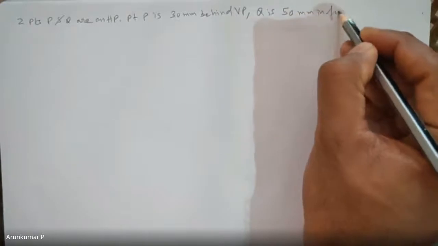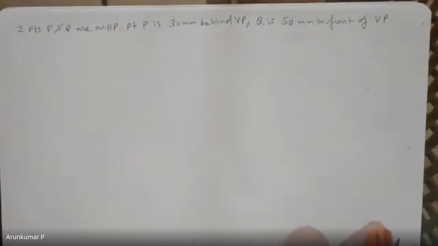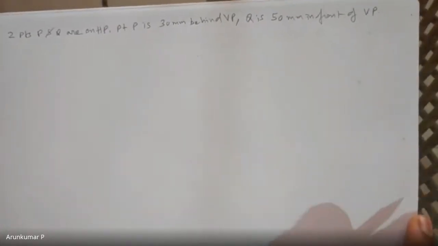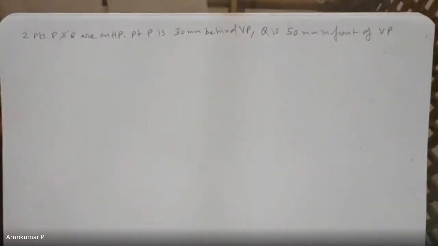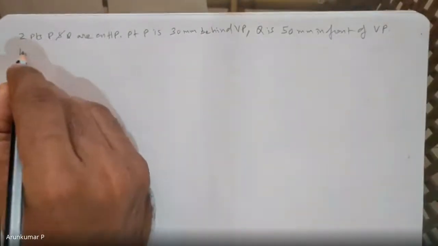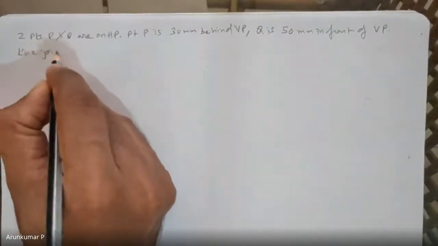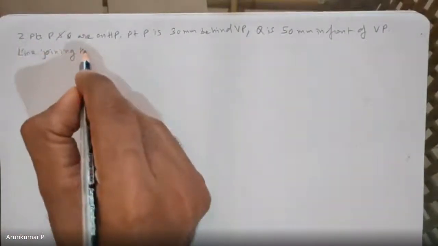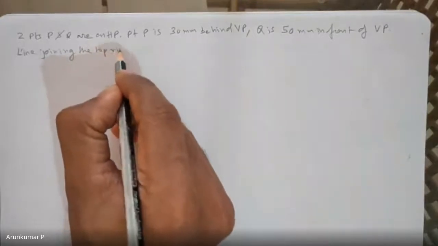Q is 50 mm in front of VP. The line joining the top views makes an angle of 40 degrees with XY.